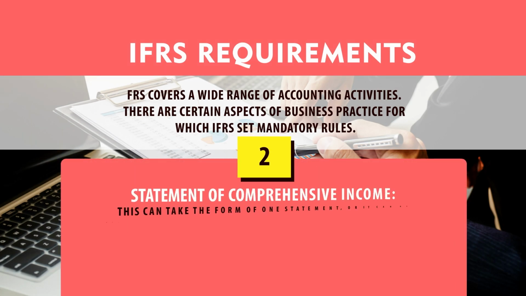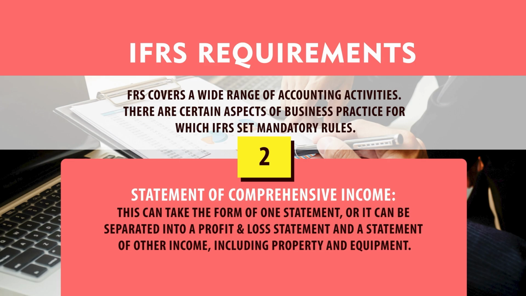The second requirement is the statement of comprehensive income. This can take the form of one statement or it can be separated into a profit and loss statement and a statement of other income including property and equipment.